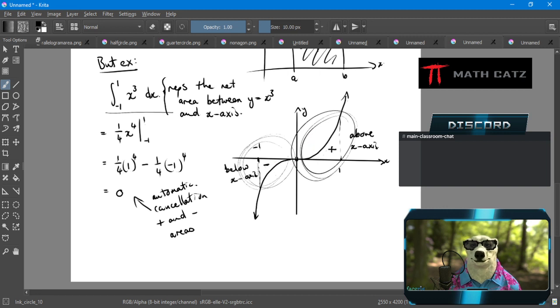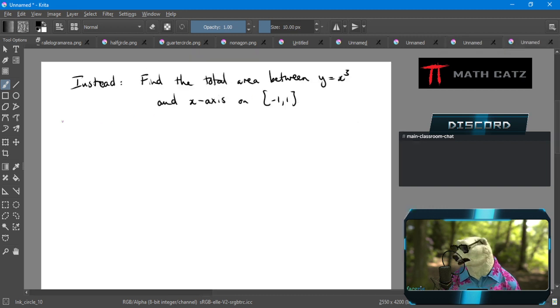Now the intersection, the crossing here happens at 0, so I have to manually separate from -1 to 0, calculate that. From 0 to 1, calculate that.